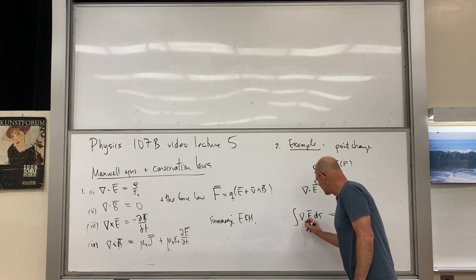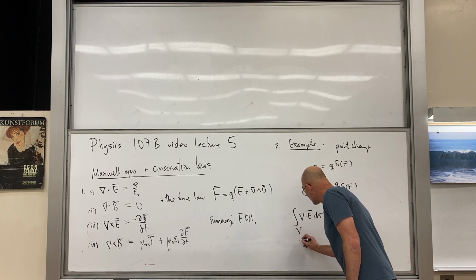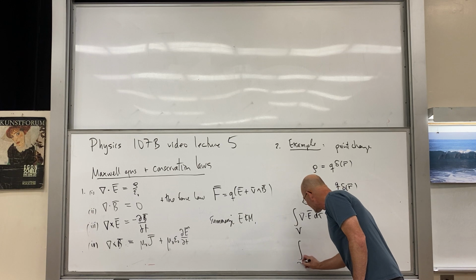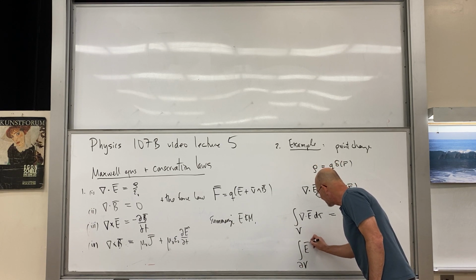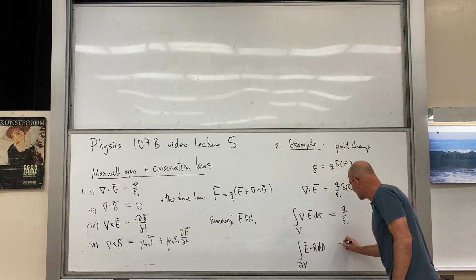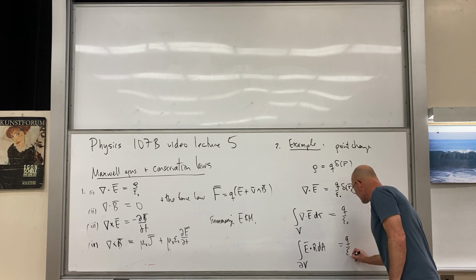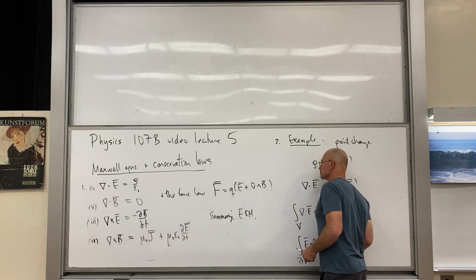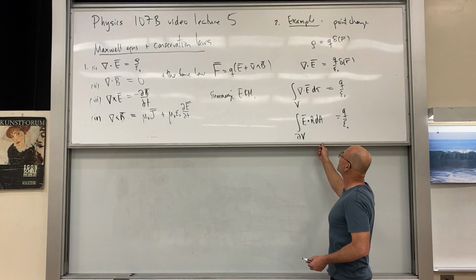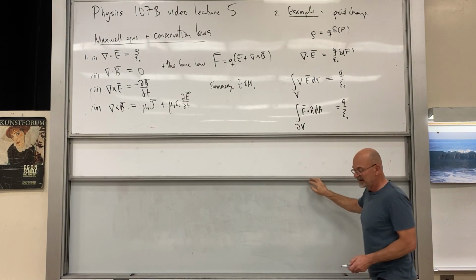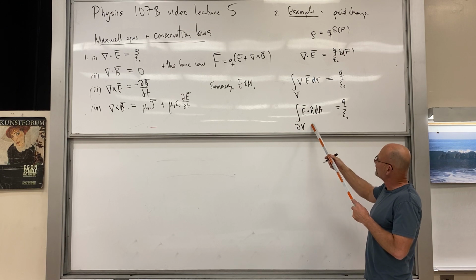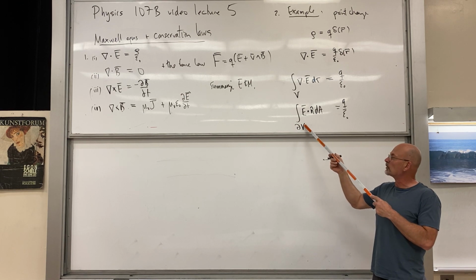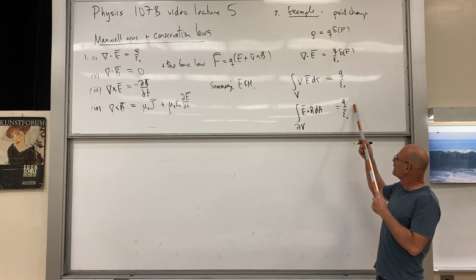And now, since this was over a volume, we use the divergence theorem over the boundary of a volume to have the integral of E dot n hat d area equals Q over epsilon naught. And then you remember how this goes. We're going to say not just any old volume, but a sphere of radius r centered on the origin.